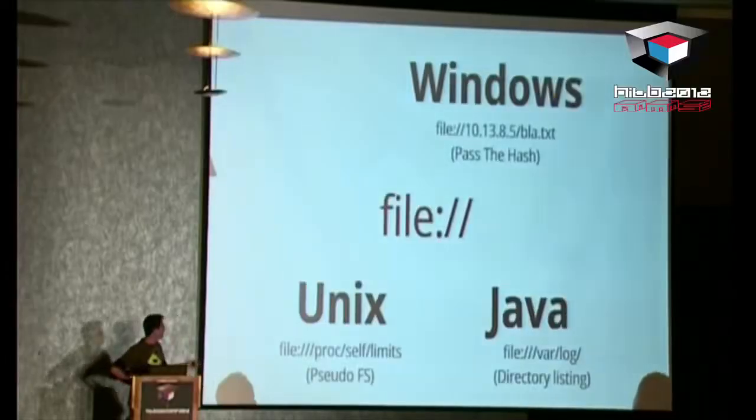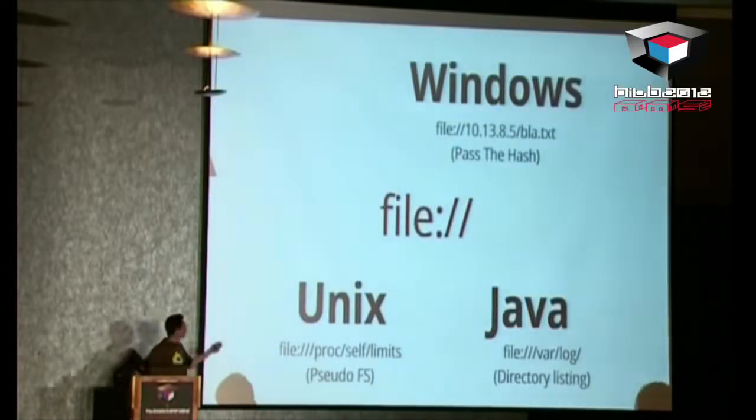And the application features, which could add some additional URL handlers. So that's the file URL handler. Under Unix, you can access pseudo file systems like proc, which could be useful for exploitation of memory corruption bugs later in the process. The pass the hash under Windows, and directory listing under Java.